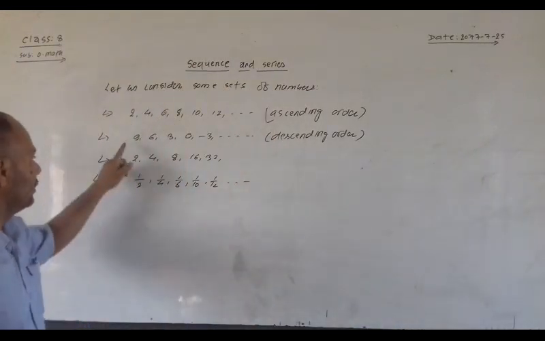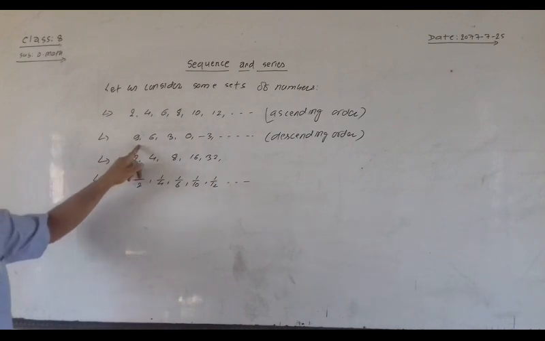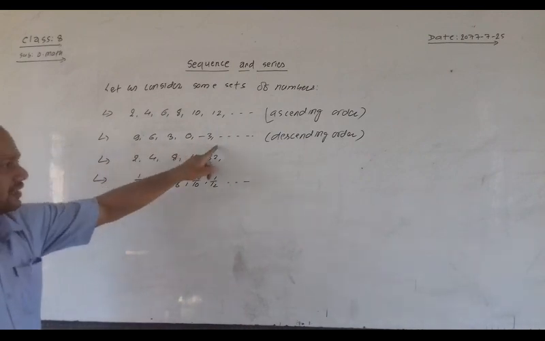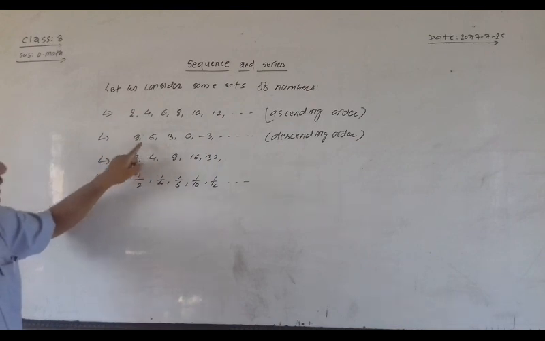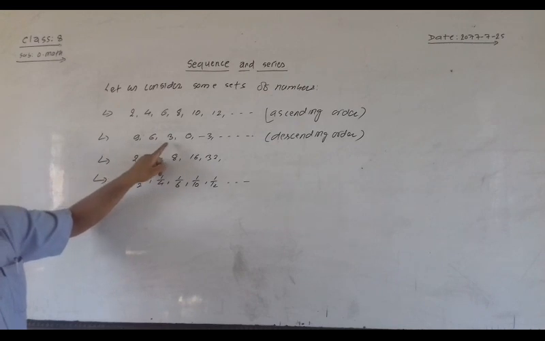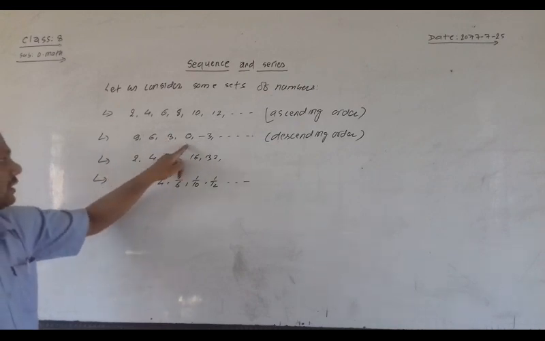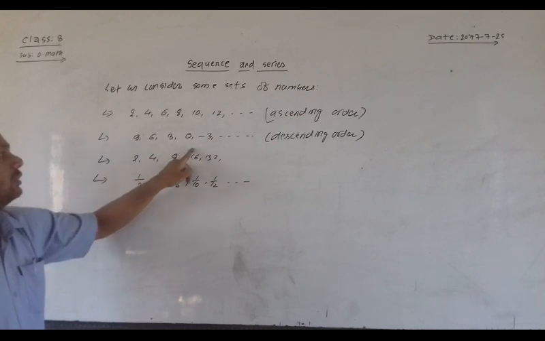See here, this is also in order, in descending order, and also in a rule. Subtract 6 from 9, we have 3. Subtract 3 from 6, 3. 0 from 3, 3. Minus 3 from 0, 3.